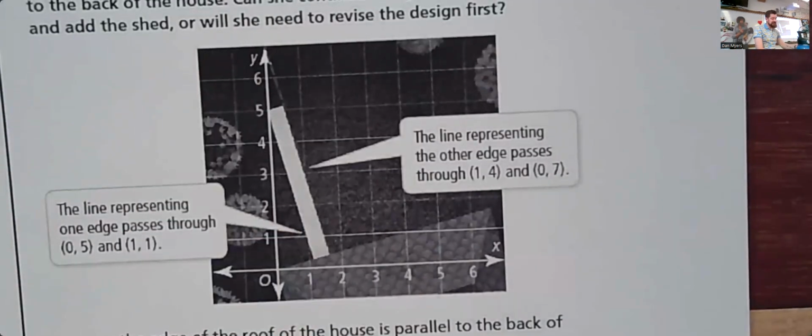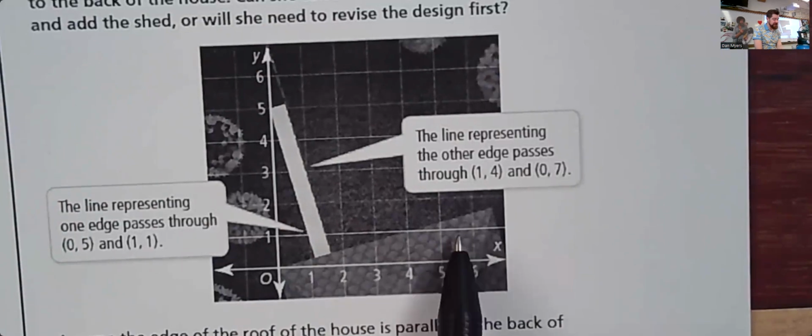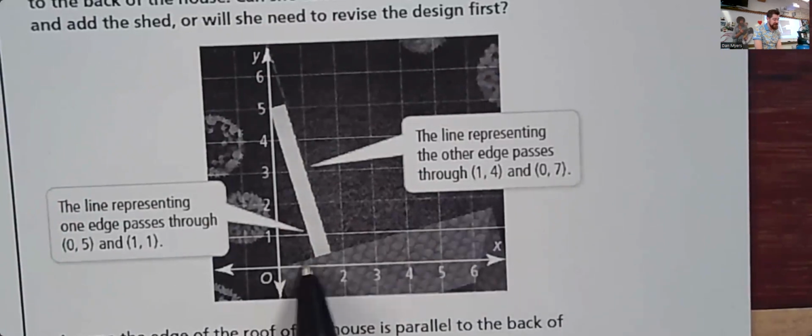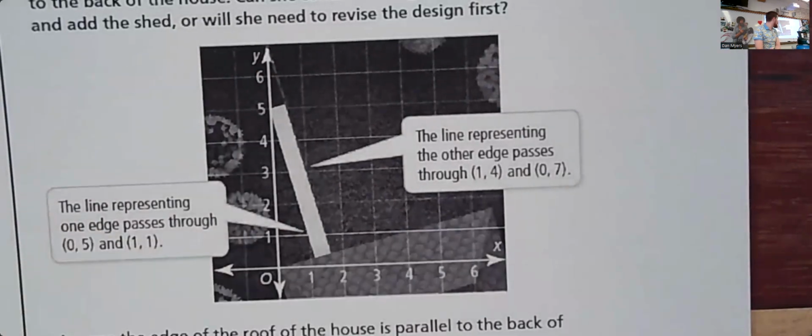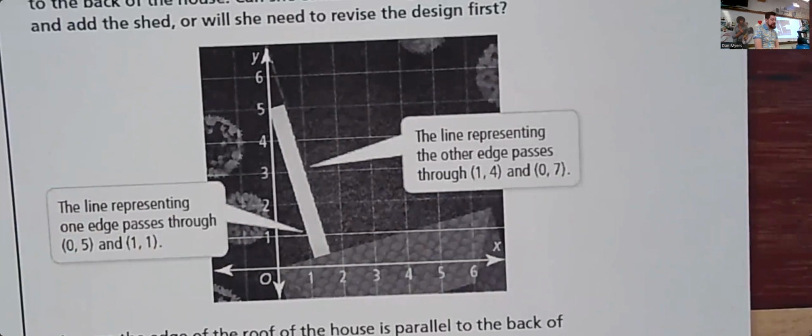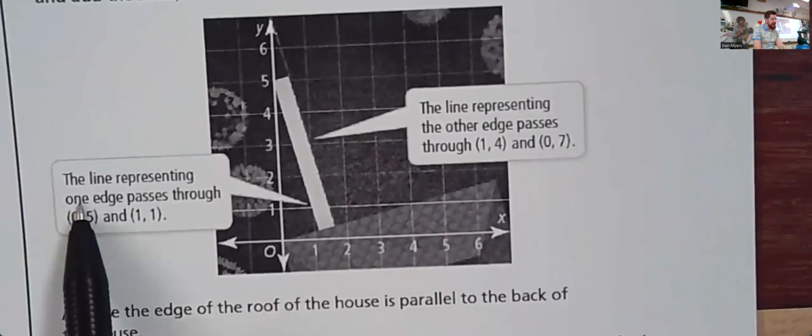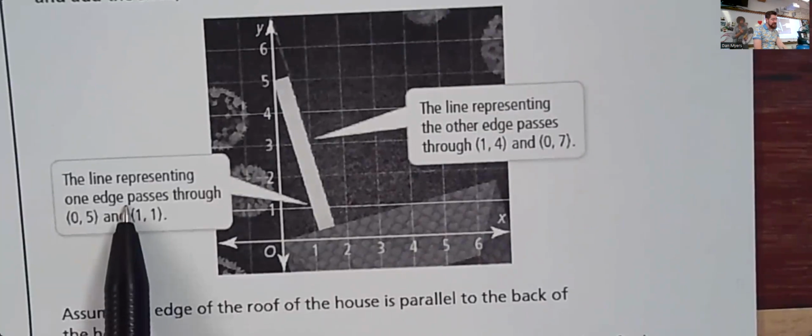And then the edge of the house, you can see the roof of the house here. There's the edge right there. So basically, are those intersecting at a 90-degree angle or not? And so that's what we need to figure out. So it says that the line representing one edge passes through (0, 5) and (1, 1).